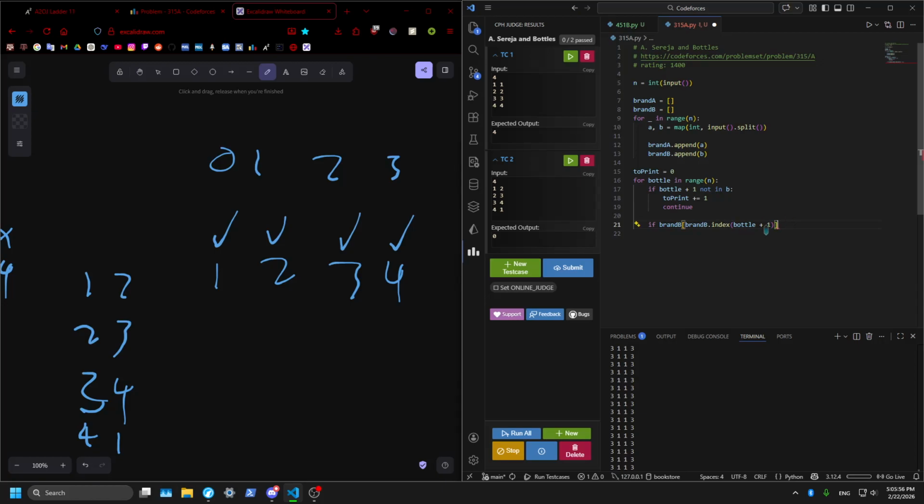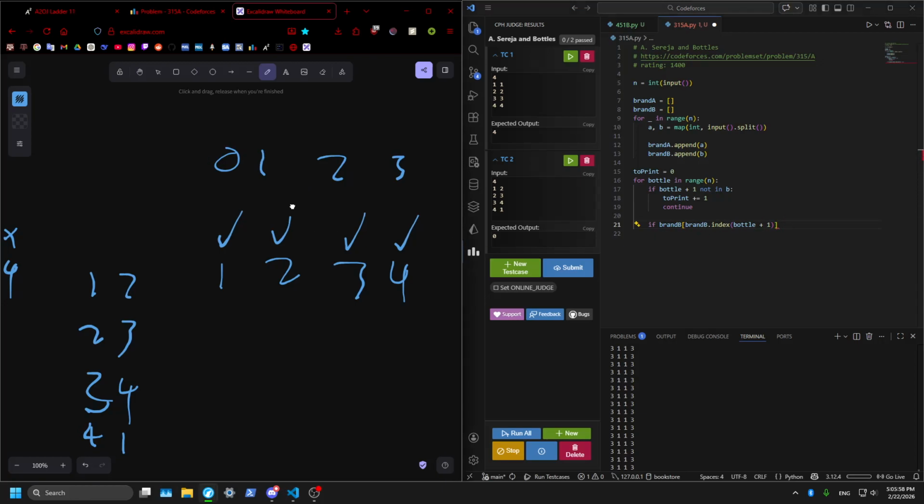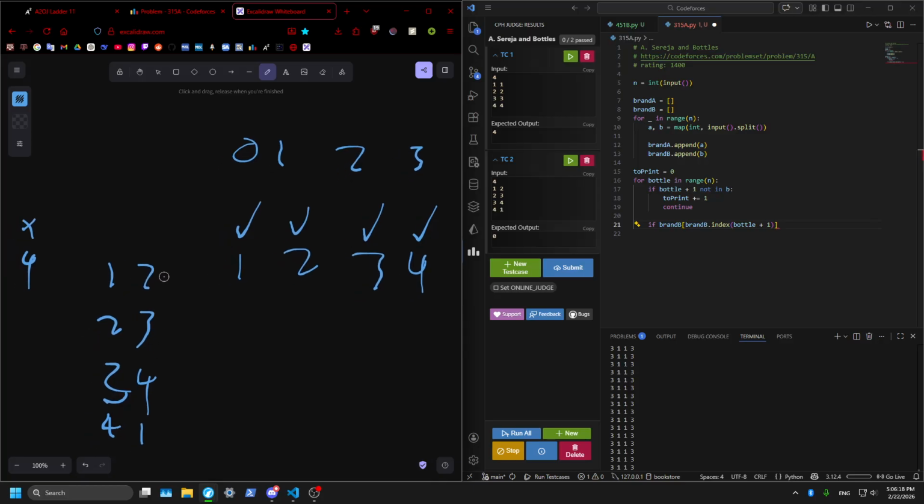So what this will do is it'll find, bottle here is 0, 0 plus 1 is 1, brand B dot index 1. Wait, is 4, or 0, 1, 2, 3 is 3.